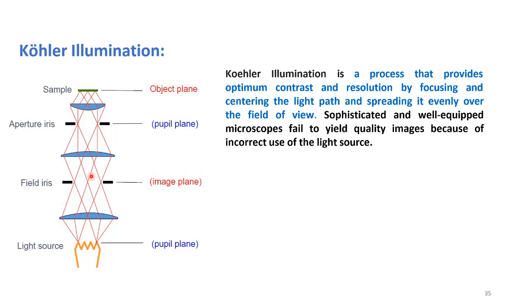First it passes through the image plane, then the iris or the pupil plane. This is basically a correlation of how our eye works. And here is the sample. That is how we are able to get the image. So this is another kind of illumination, the Köhler illumination.